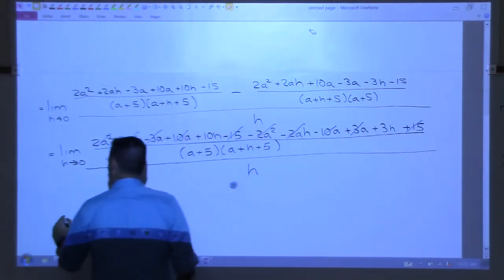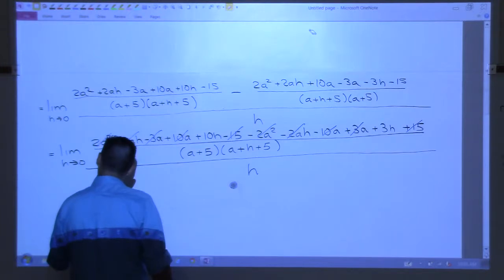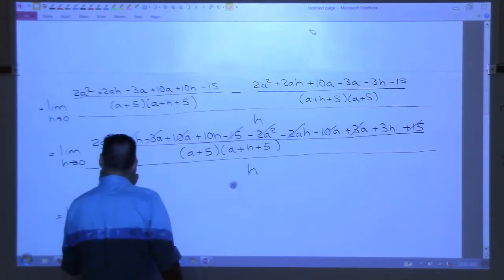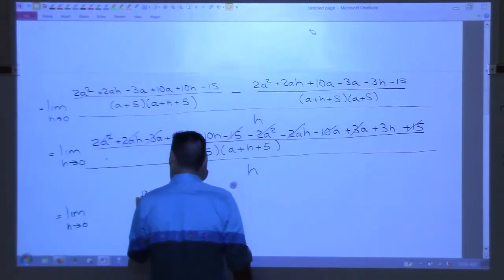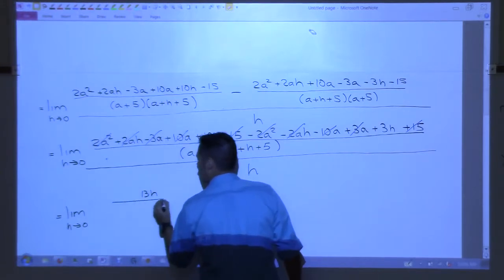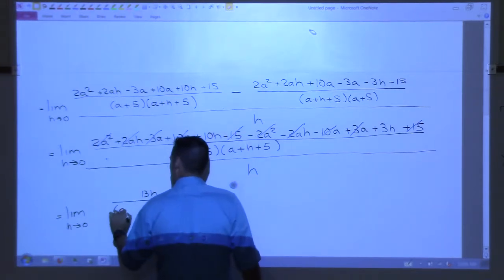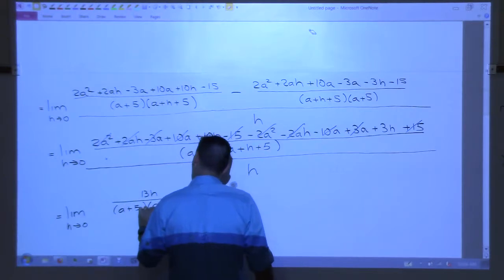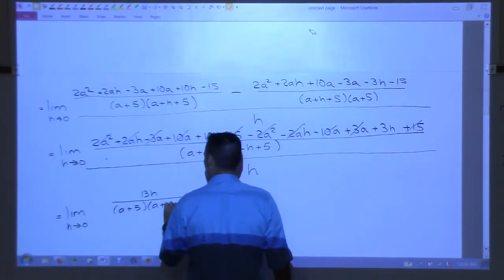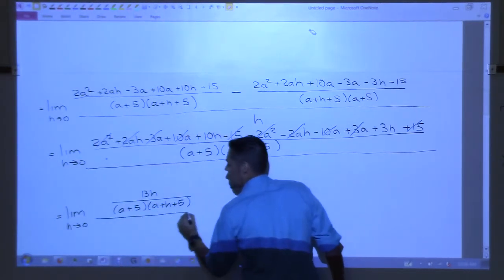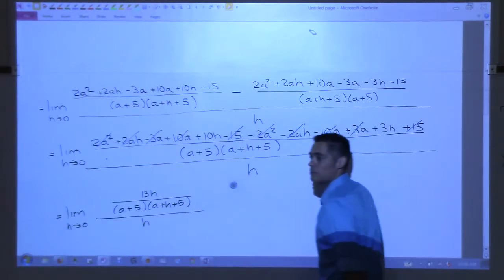So now I have limit as h goes to 0. I have 13h on top, right? Below that, I have the common denominator. And below that, I have h, don't I?